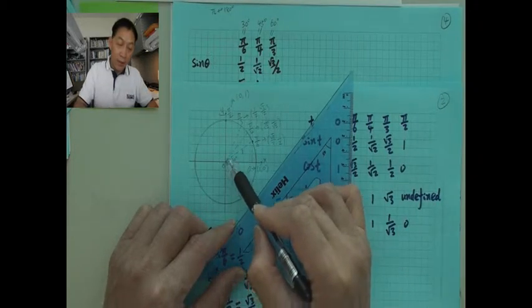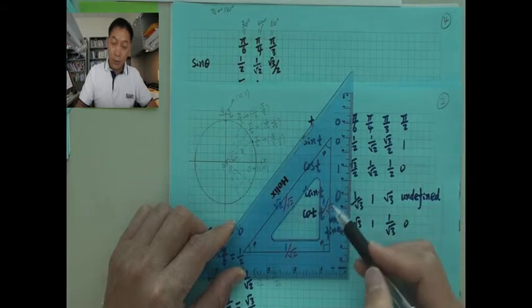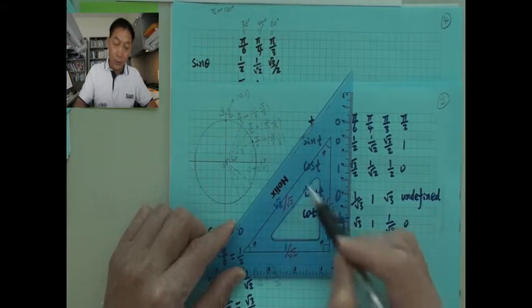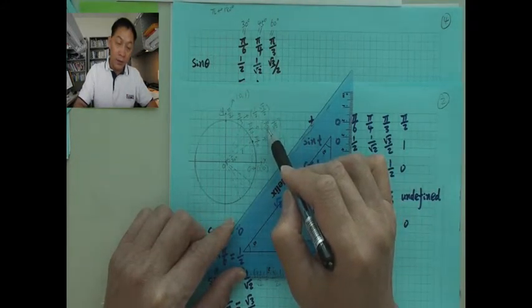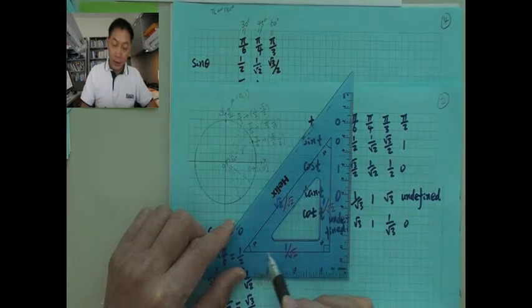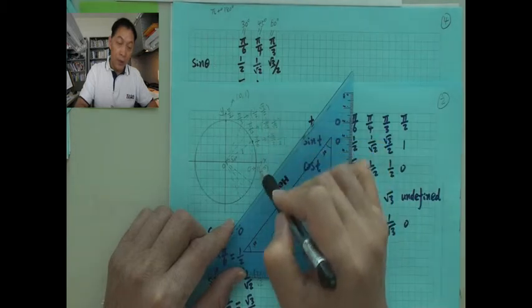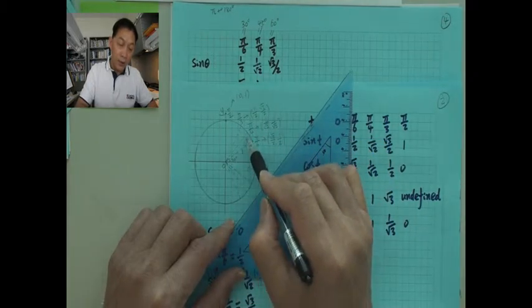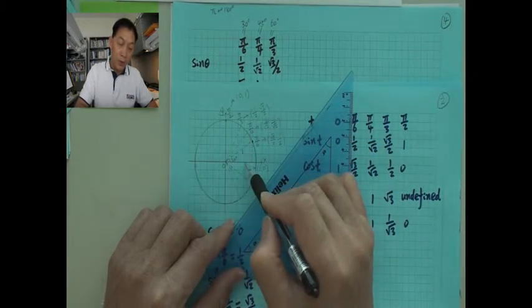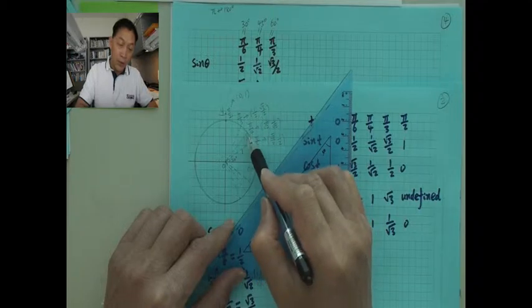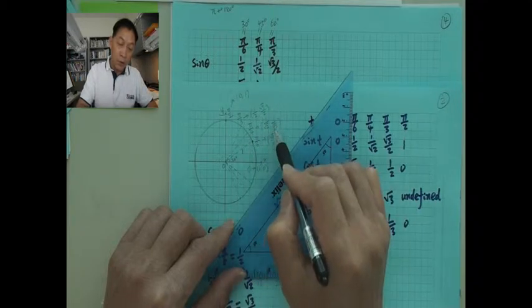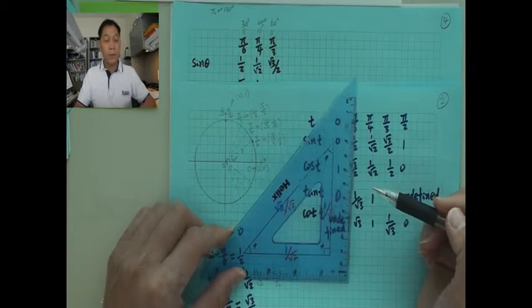So this part is 1. And then 1 divided by radical 2 is 1 over radical 2. So the x coordinate is 1 over radical 2, and the y coordinate is 1 over radical 2.